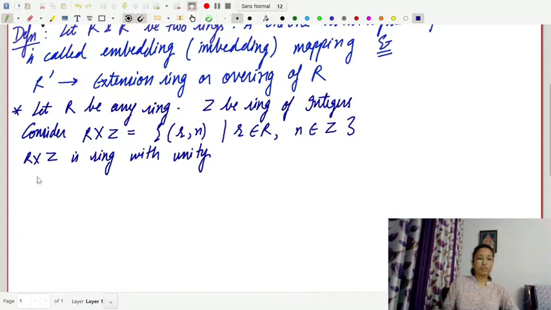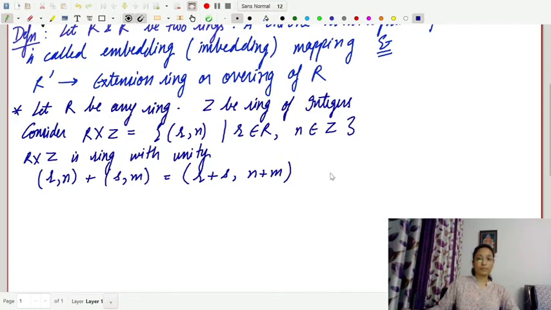under addition and multiplication defined by (r, n) plus (s, m) is equal to (r plus s, n plus m), where r and s belong to R, and n and m belong to integers.